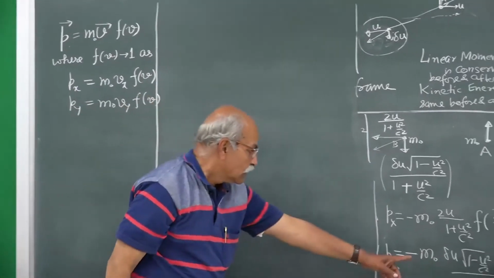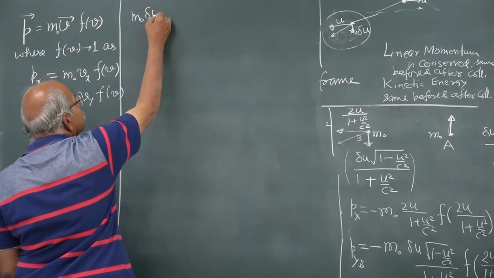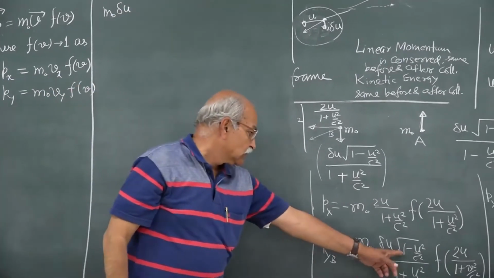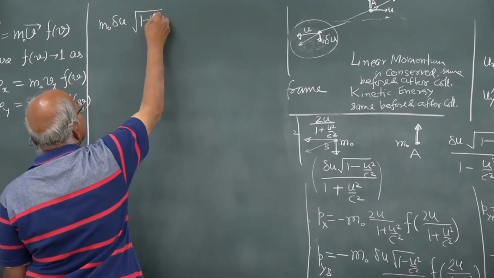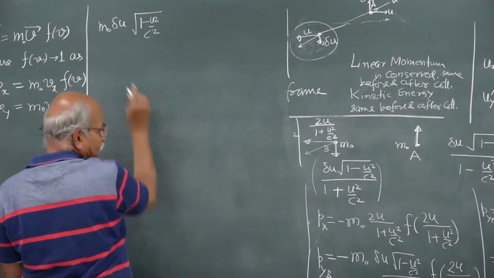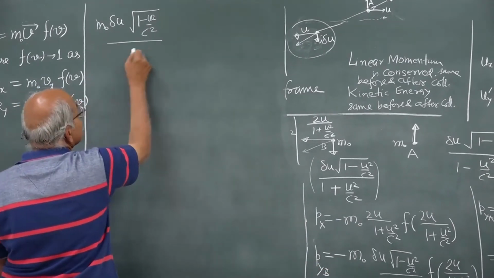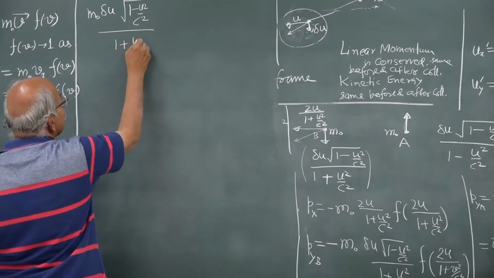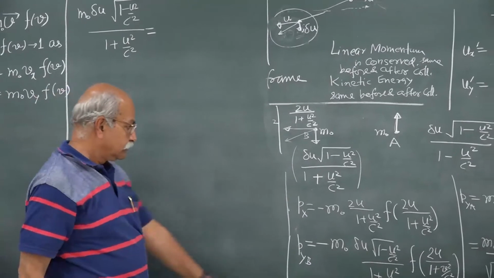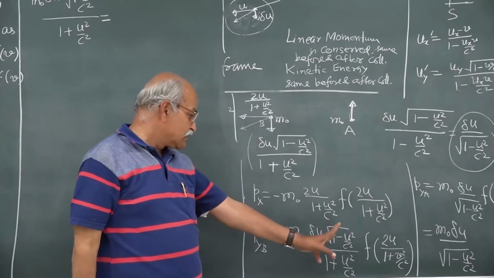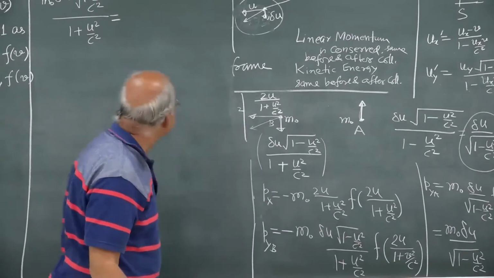So m naught delta u square root 1 minus u square by c square divided by 1 plus u square by c square should be equal to, to make total Py 0, this should be equal to, no, this f is also there.